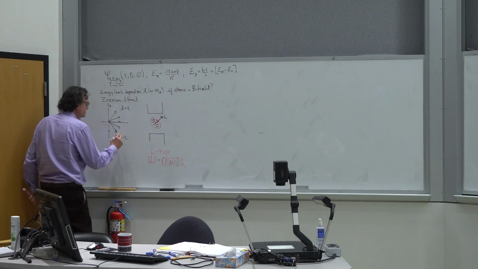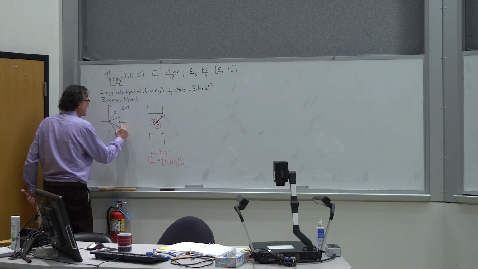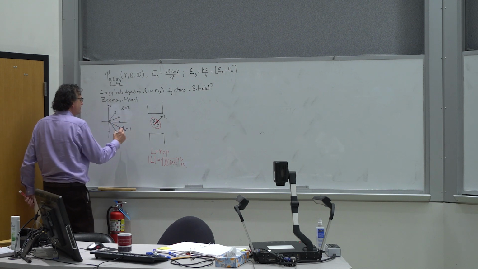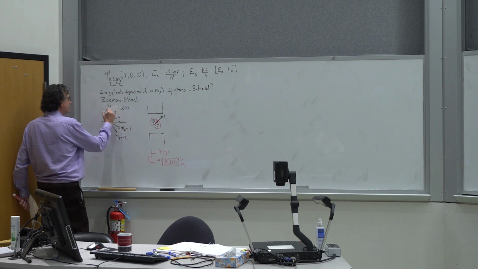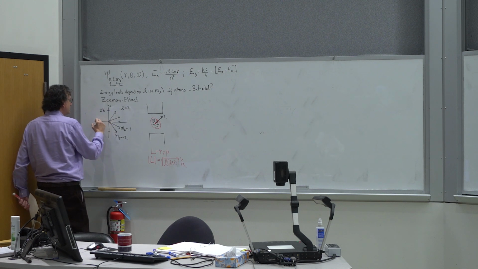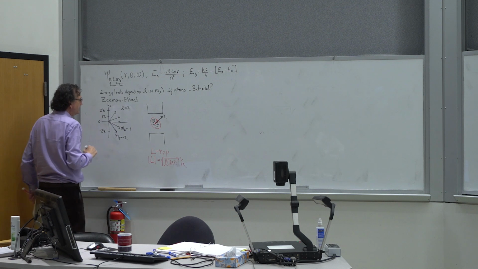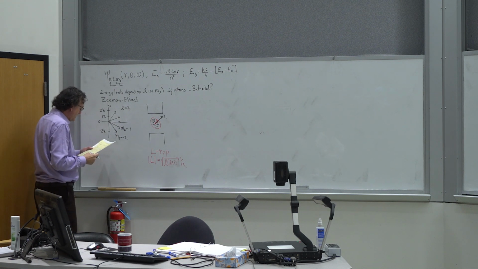This is m sub l equal to minus 1, and the quantized values will be, for example, 2 h bar, and this is 0, and this will be minus 2 h bar, and of course this will be plus 1 h bar, etc. So the z component has been quantized.